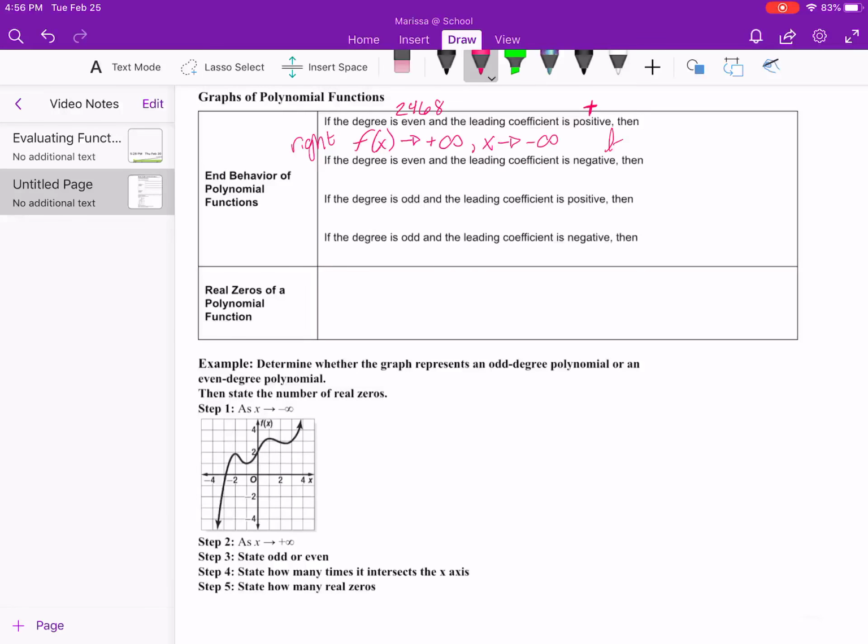We look at the other side, so the left side of the graph, and we write it as the function of x approaches positive infinity, x approaches positive infinity. So if it's even and the coefficient is positive, then this is what your graph is going to look like.